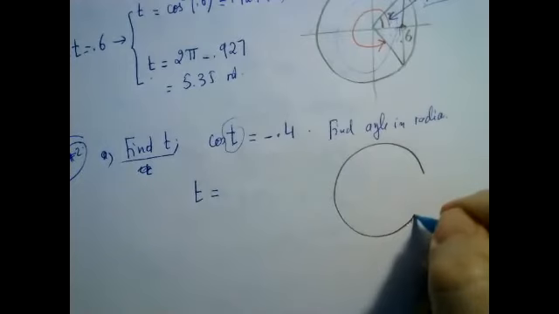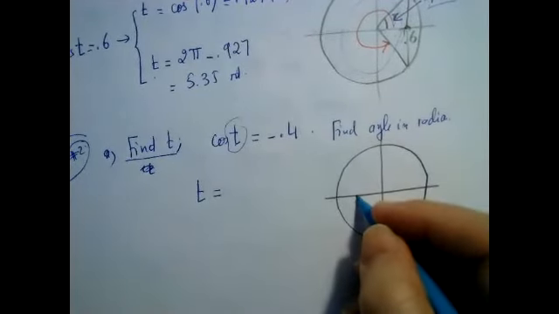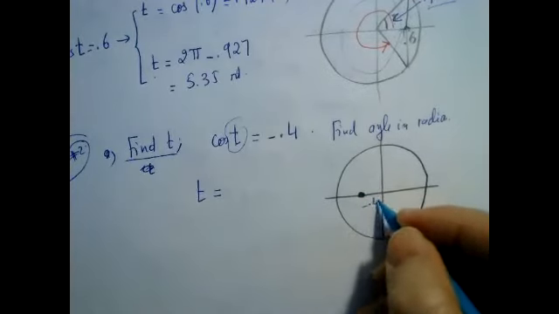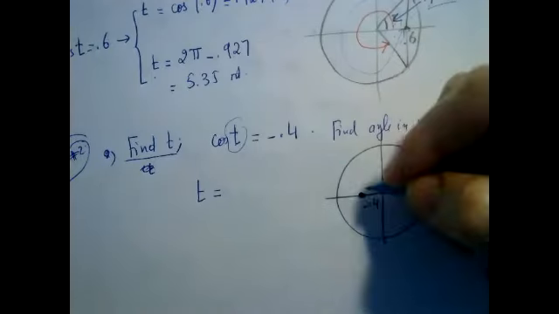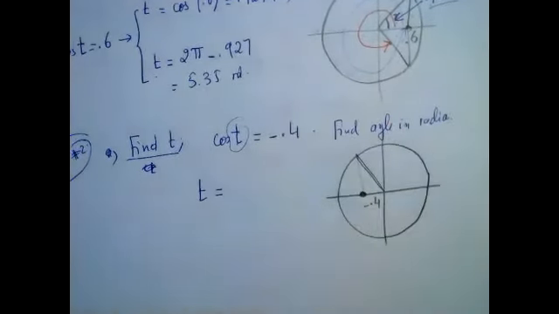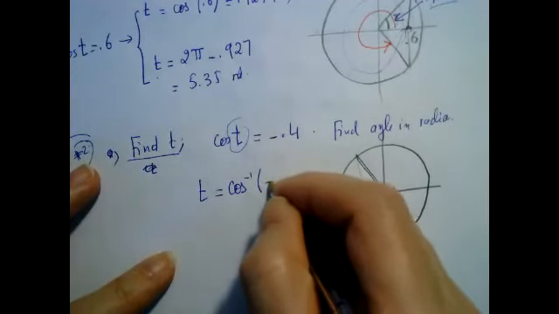That's my picture here. The cosine is minus 0.4, and I want the angle. So the angle is going to be the cosine inverse of minus 0.4. That's what this function gives me.